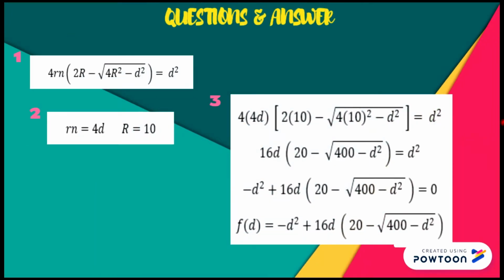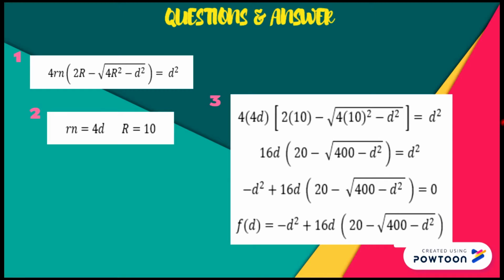So, firstly, we must understand the question given. After that, take note of the important keywords that are given. Then, it will be easier for us to solve this problem.